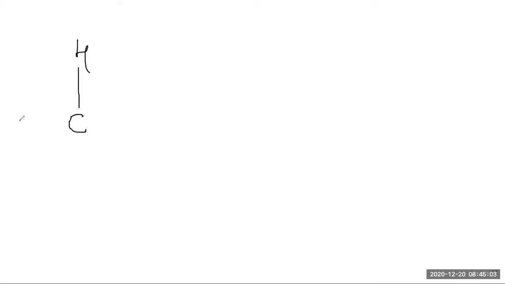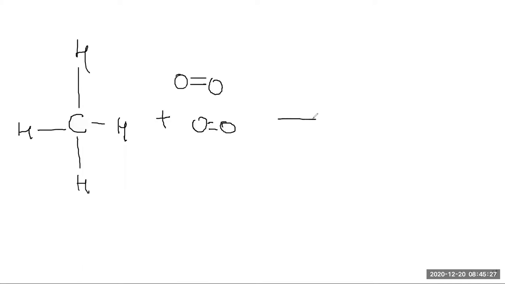CH4, and let's draw all chemical bonds explicitly. So this is methane, natural gas, and it reacts with oxygen molecules. Actually, three oxygen molecules are needed... two, correct? Okay, let's check. And we form two molecules of H2O, right?